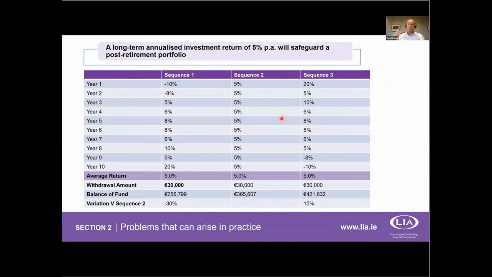You're almost fully reliant on the investment markets to regenerate lost capital. And as we've looked at already in some of the earlier slides, where you start with a loss and you need to make back up the gain, it can take a lot longer than you might anticipate to make that gain back up, particularly when you're drawing from the portfolio at the same time. That accelerates the impact.